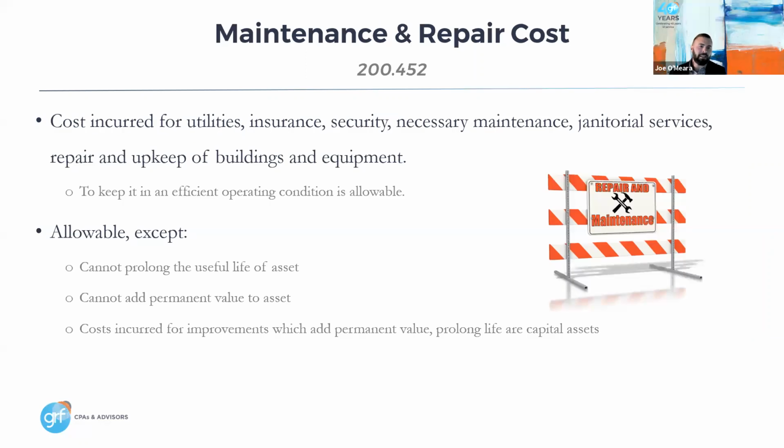Yeah, so maintenance costs are allowable costs. To keep the equipment in working function is expected. They're not allowable though if it prolongs the useful life of the asset or adds permanent value to the asset. Think of standard repair and maintenance costs as allowable, but enhancing the asset and prolonging the useful life is not allowable.